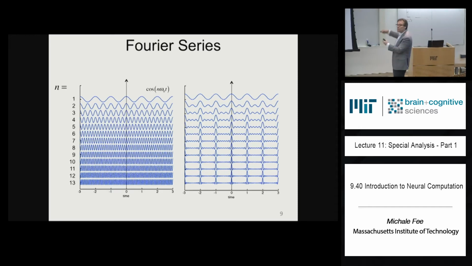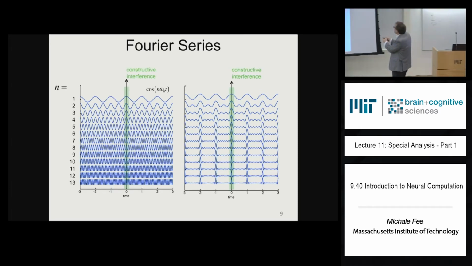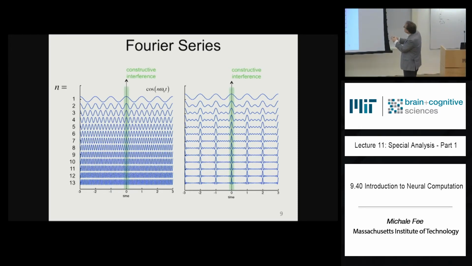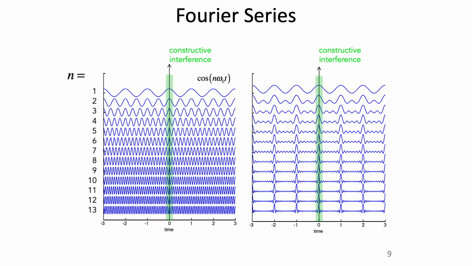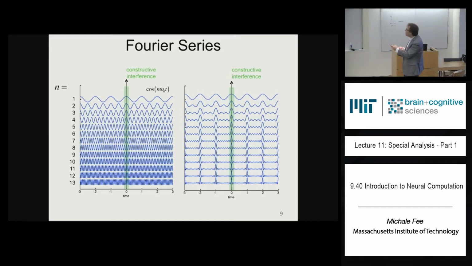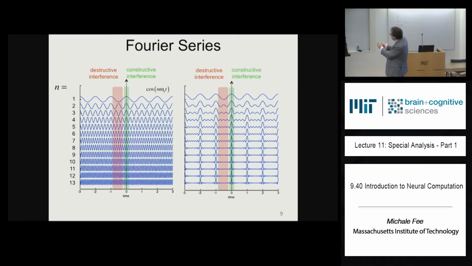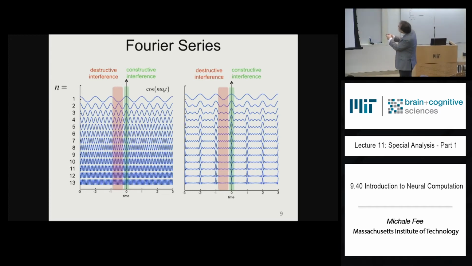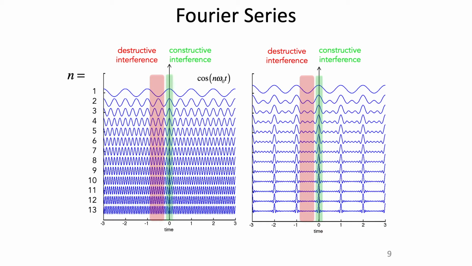And so all of those positive contributions to that sum all add up, and as you add them up, you get a big peak. That's called constructive interference. So all those peaks add up, and you also get those peaks all adding up 1 period away, right? 1 period of cosine omega naught.